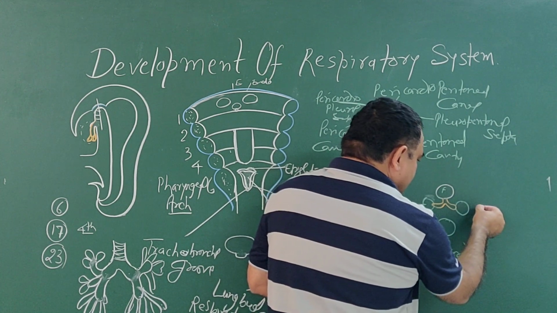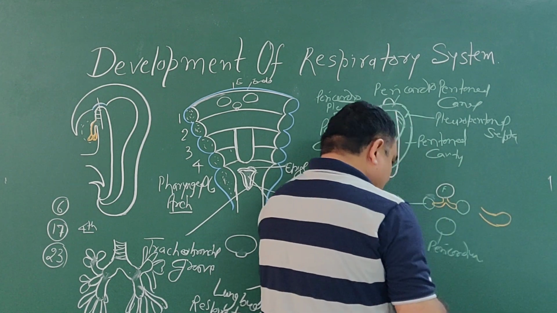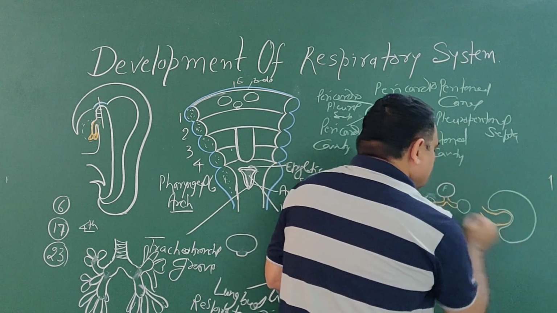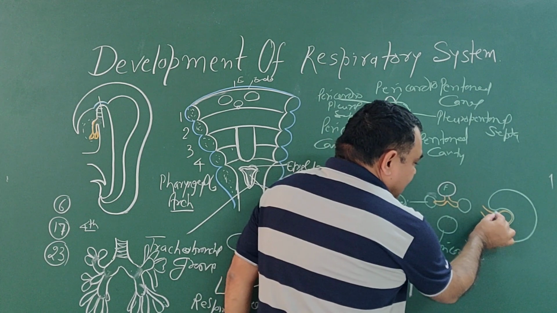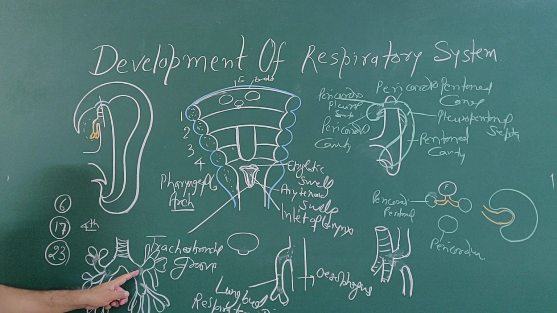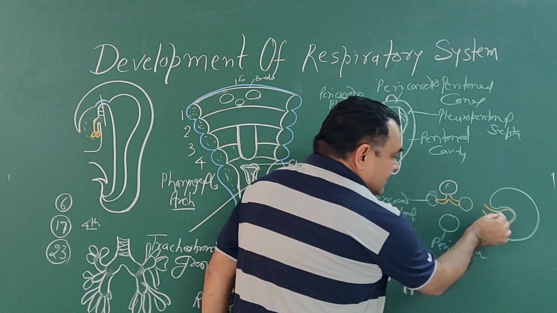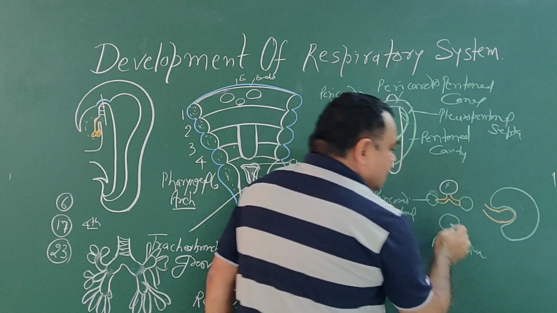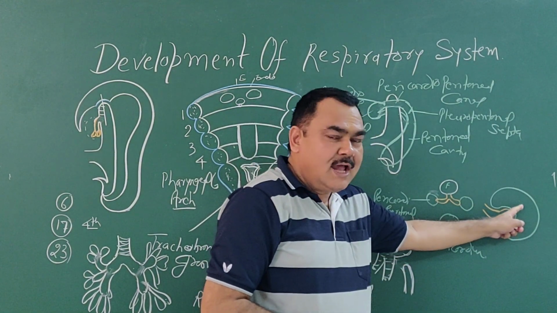If you see here, the lung bud grows like this. This lung bud divides into lobar, then segmental parts, and it grows into the pericardio-peritoneal canal.